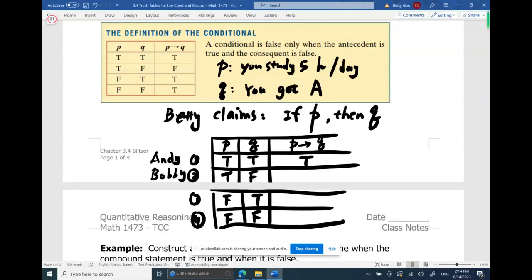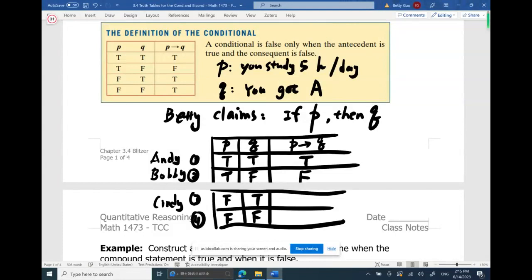But Bobby studied 5 hours and he did not end up with an A. So Bobby will think the teacher is wrong logically. Does that make sense? So that makes my claim false. In Bobby's case, my claim is false because I said if you study 5 hours every day, you get an A, and Bobby did it, but he did not get an A.